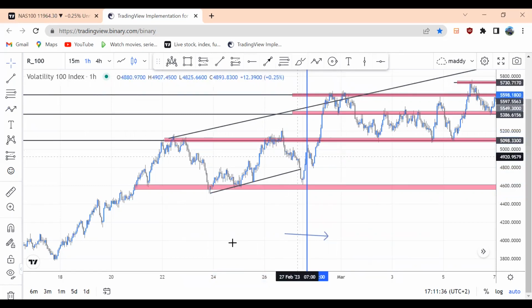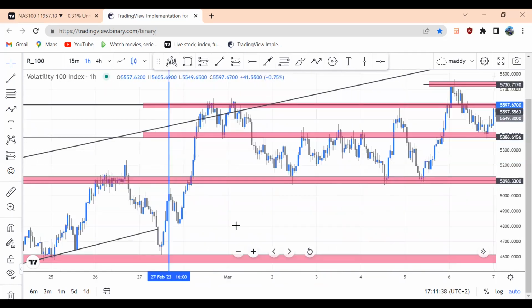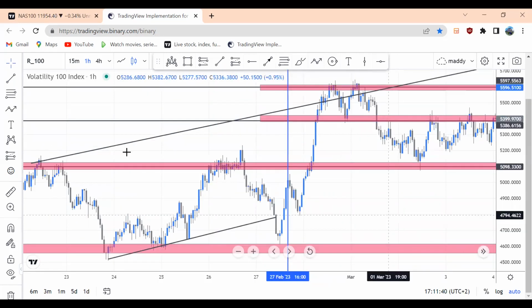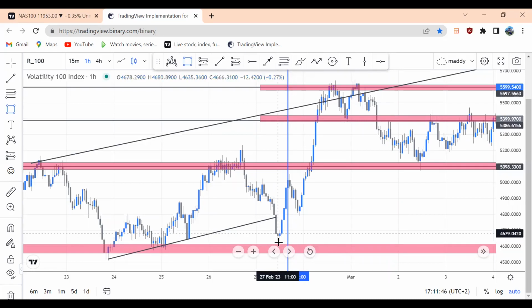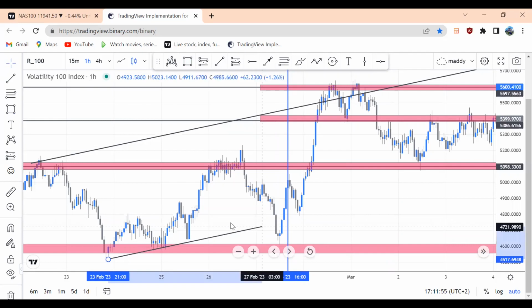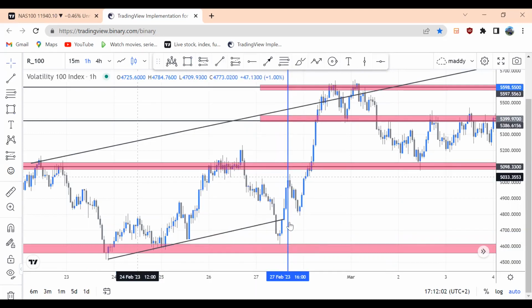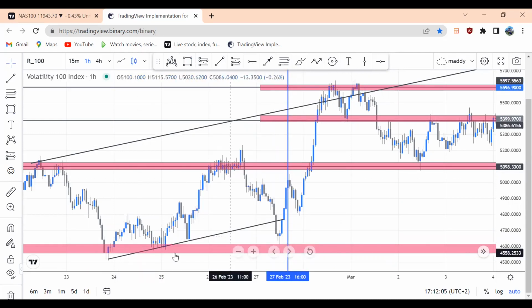The market came back to this support to retest it and gave us a pin bar, confirming that this support would still hold despite having this trend line here. Despite this trend line, we knew the market would go to the upside because it respected the major structure.